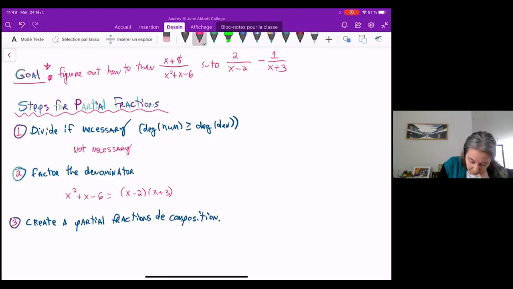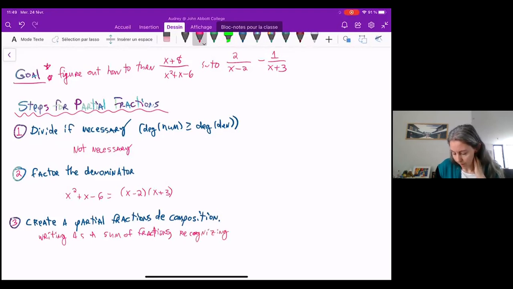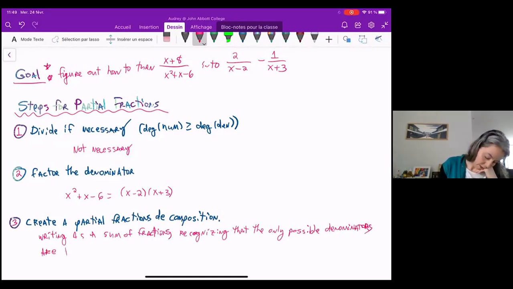So this is writing it as a sum of fractions, recognizing that the only denominators are the factors of the denominator I have.